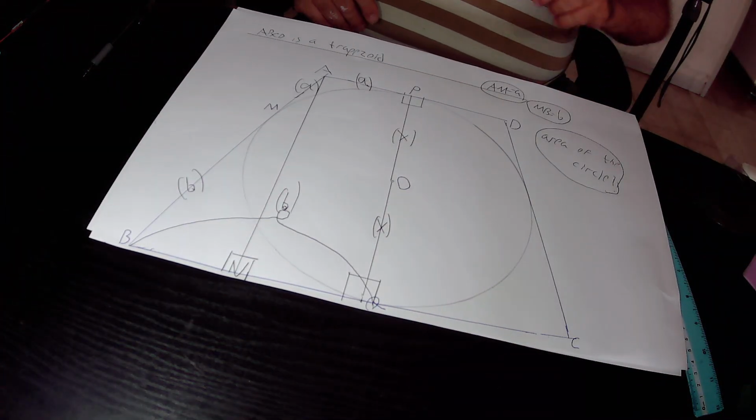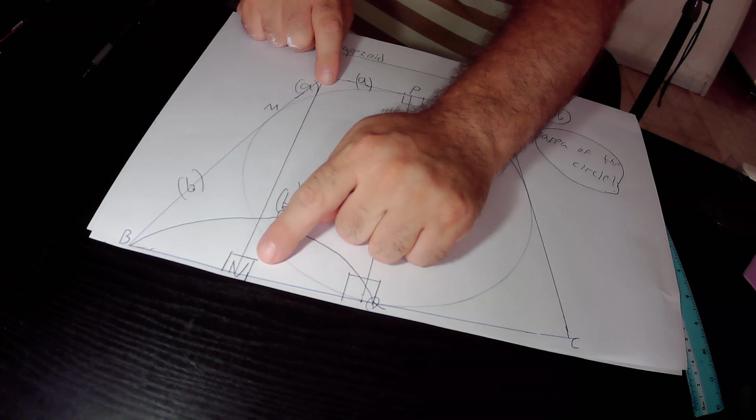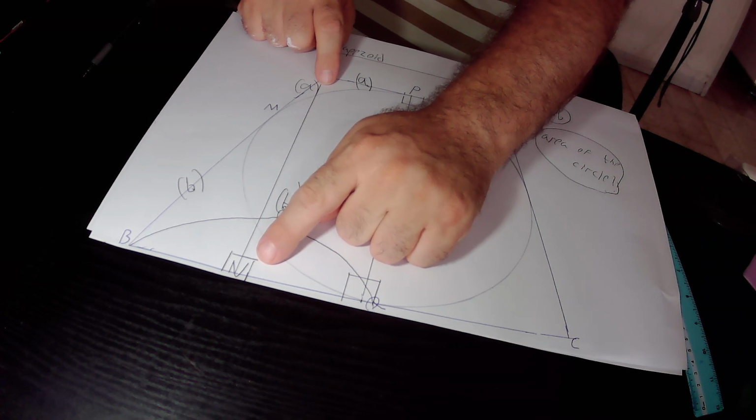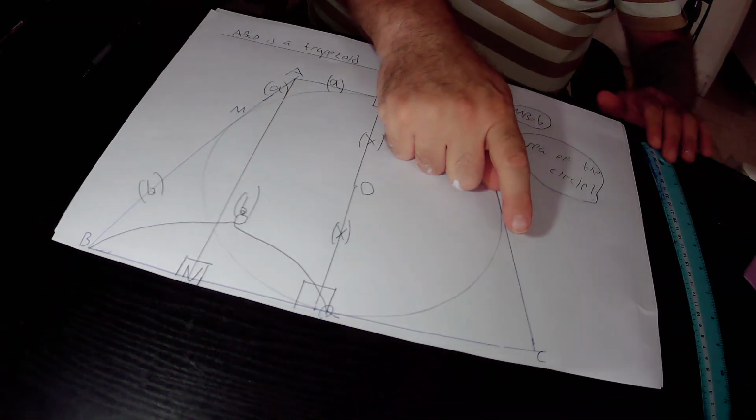We already implemented it because, as I mentioned before, the sum of those two angles must be equal to 180 degrees, because those two angles are defined as one-sided interior angles and they are located between the parallel lines AD and BC.